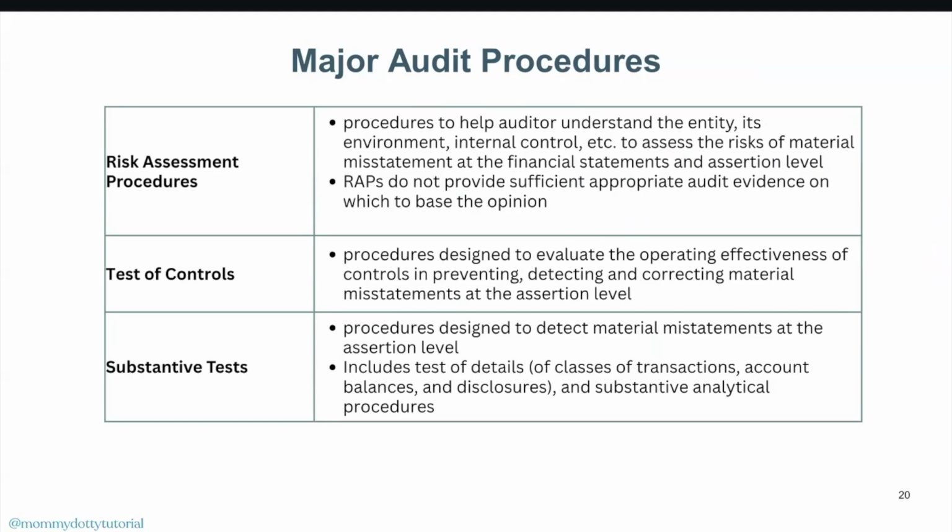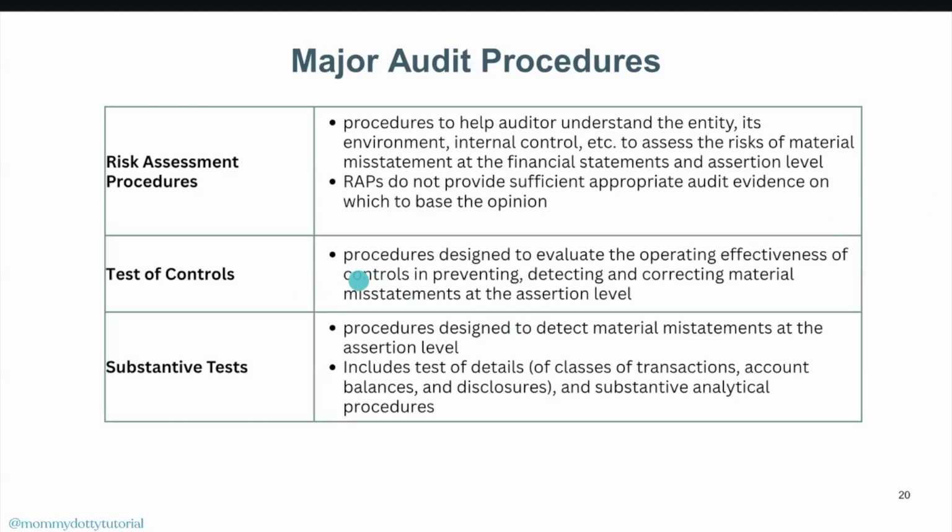All right. So the risk assessment procedures by themselves do not provide sufficient appropriate audit evidence on which to base the opinion. However, they are supplemented by further audit procedures in the form of tests of controls when necessary and substantive procedures. Okay, now let's go to the test of controls.